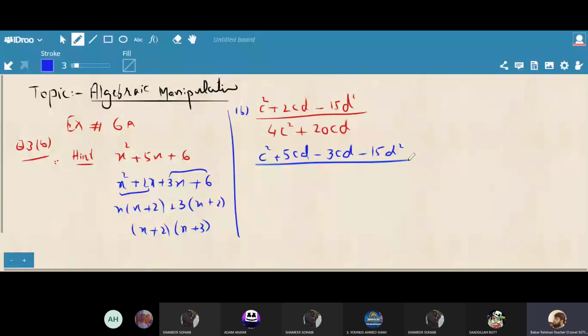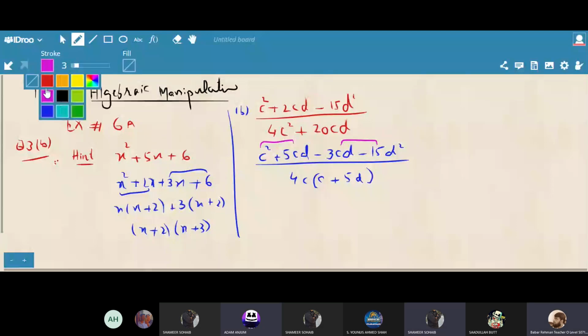Okay, now this is simple factorization in the denominator. What is common from here? 4c. What is left? c plus 5d. Now in the numerator we will make groups. What is common from here? c is common: c times c plus 5d.